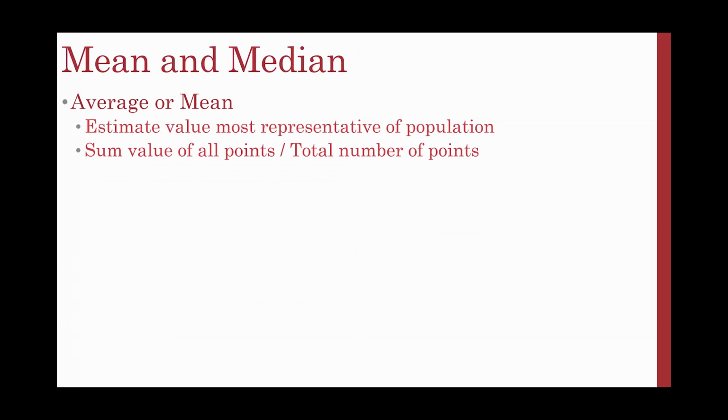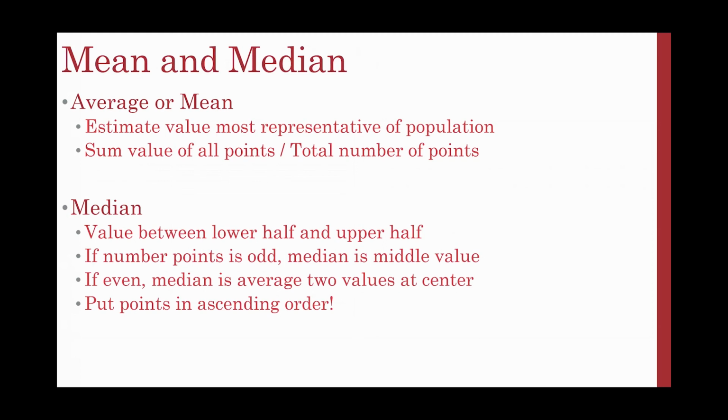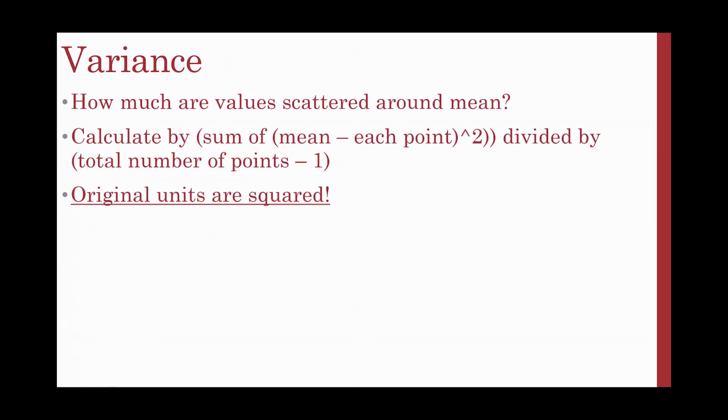It's the sum of all points divided by the total number of points. The median is the value between the lower half and the upper half. If you have an odd number of points, the median is the middle value. If you have an even number, it's the average of the two middle values, and you have to put the points in ascending order.